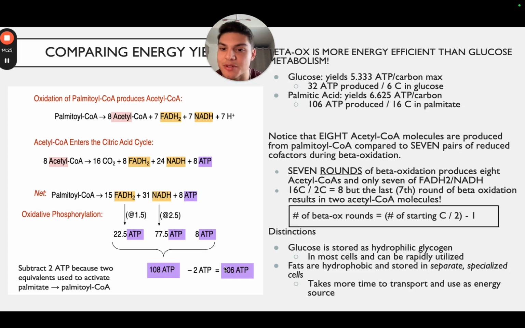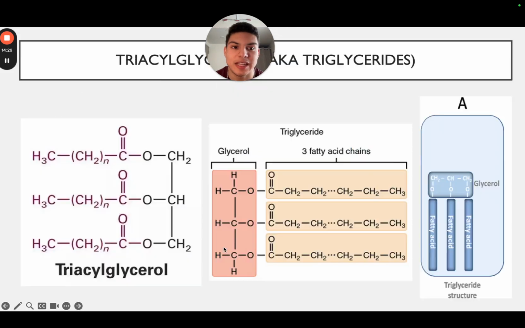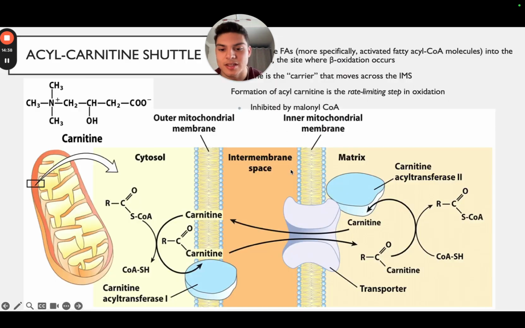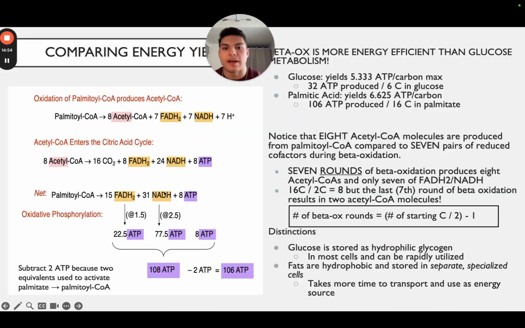Now, where does the minus 2 come from? Remember in that first step, I didn't emphasize this as much as I would have liked, but we activate the fatty acid using an ATP. But we end up using 2 equivalents because we form a pyrophosphate that breaks down. So that's where those 2 ATPs come from. Just to reiterate, in the first step we take the total amount of ATP that we have and subtract 2 ATP.